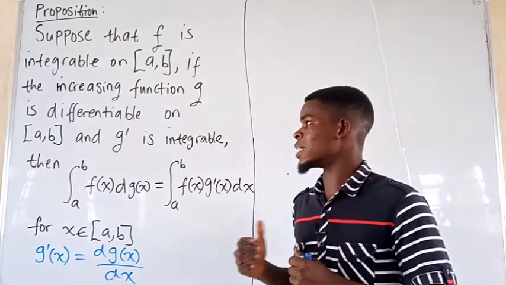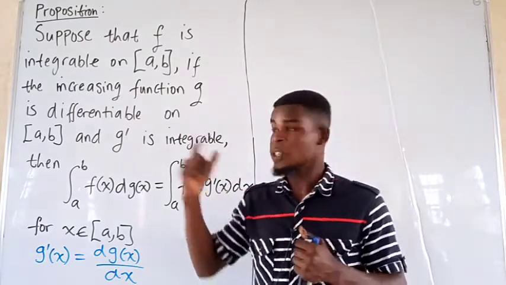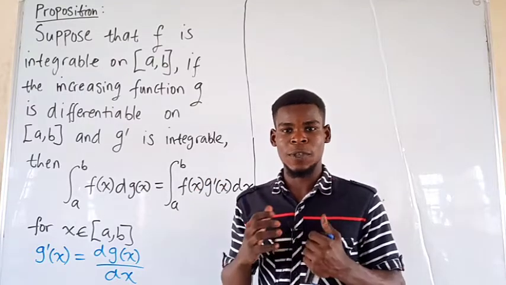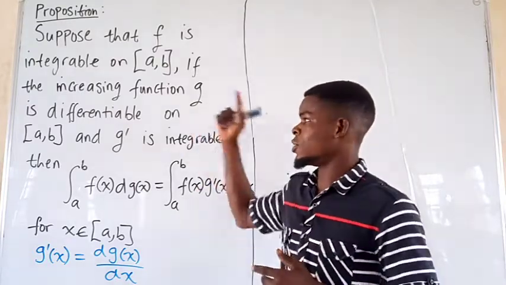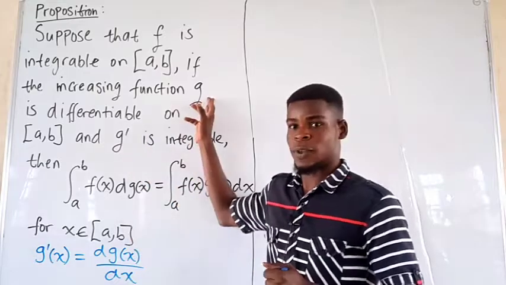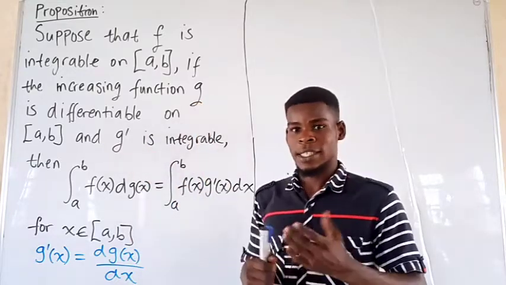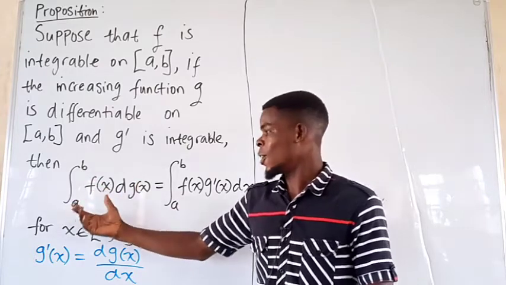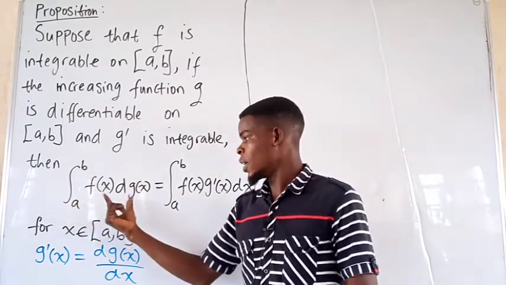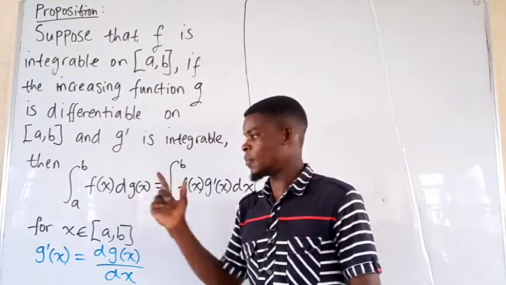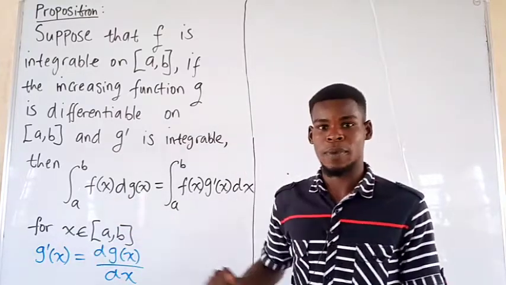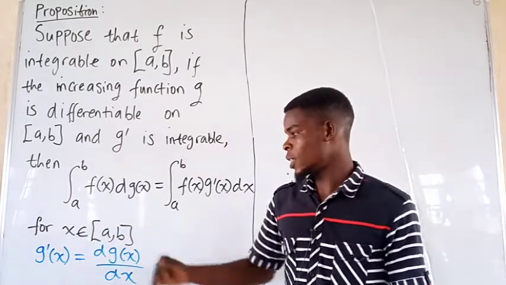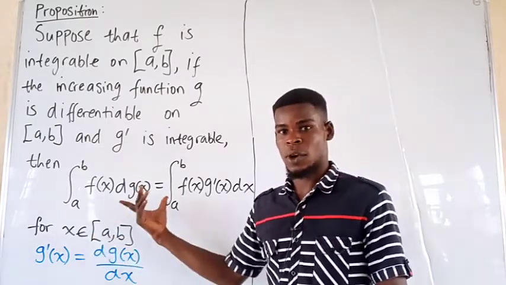Then it follows that if we have two such functions, where the first one, f, is integrable on that interval, and the second one, g, is differentiable with an integrable derivative, then it follows that the integral of f of x with respect to g of x. Now, this x is actually a point from that closed interval, for all x throughout the interval, so you pick any one, and it will work out like this.